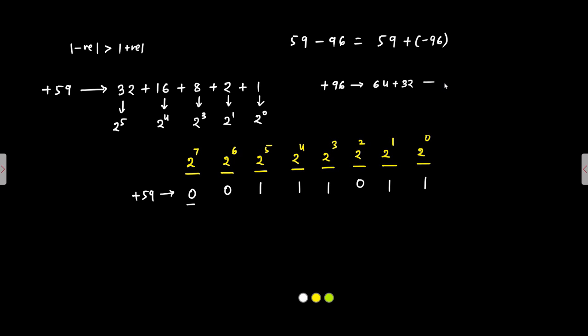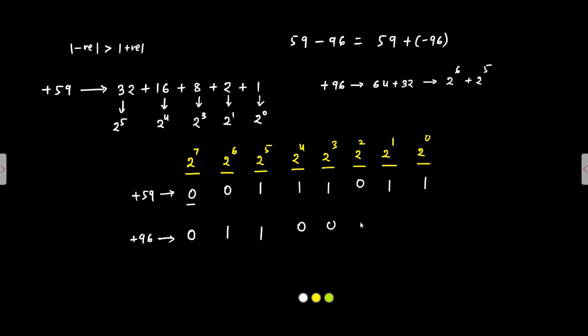That is 2 to the power 6 plus 2 to the power 5. So for plus 96, 2 to the power 6 is 1, and 2 to the power 5 is 1. Remaining all are 0.